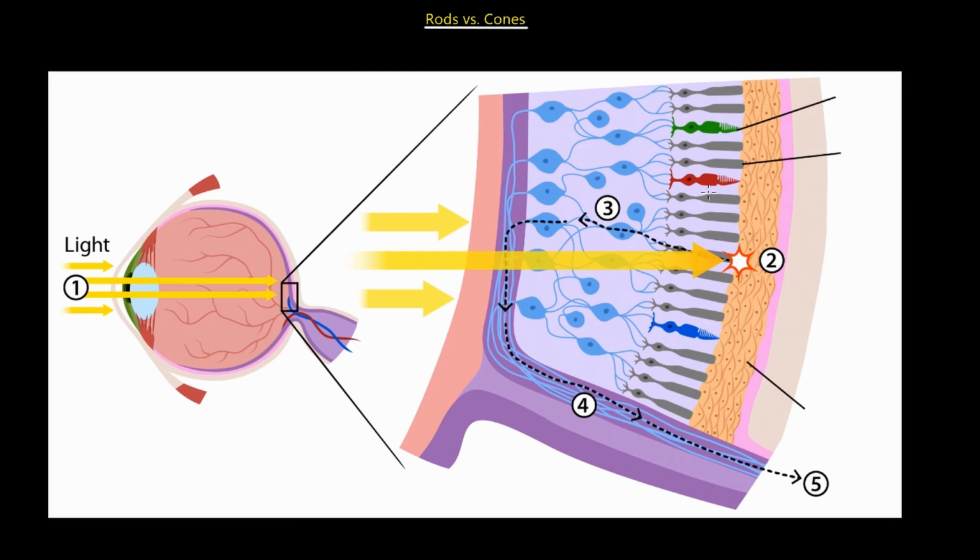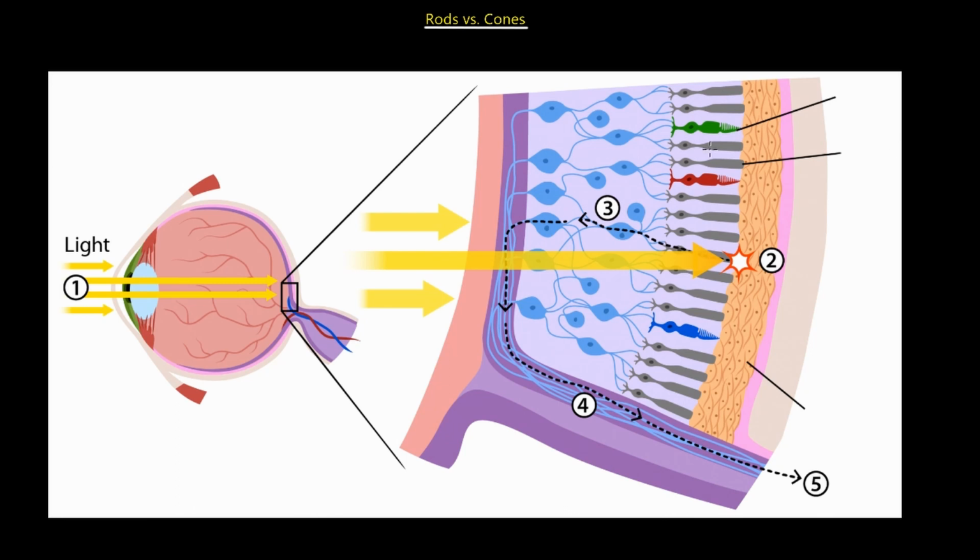So as you notice here, these ones are going to be the rods, and the cones are going to be these kind of colorful ones, the blue one here and those ones there. And what happens is they're going to hit this part that is reflective. So the retina is reflective, and it's going to reflect back, and the light is going to be caught by these cells. So these rods and cones are individual cells that are going to catch this light.